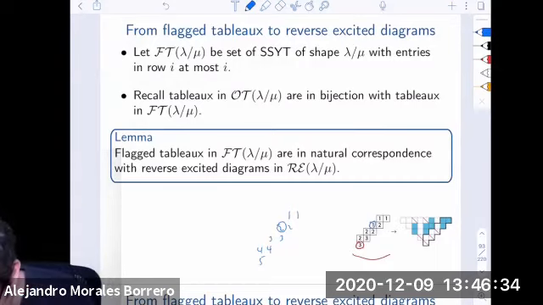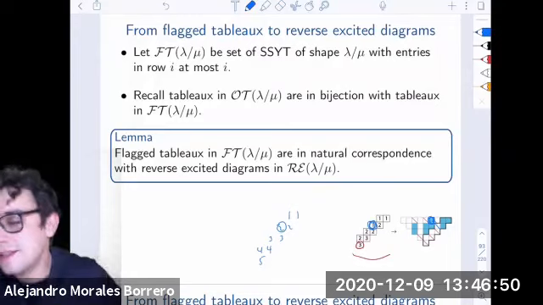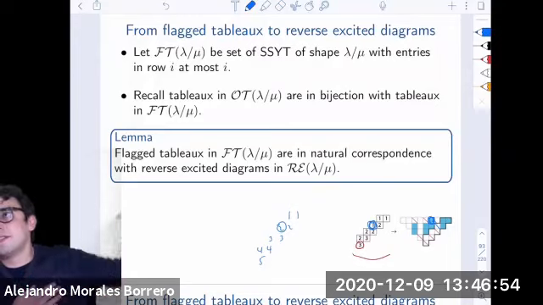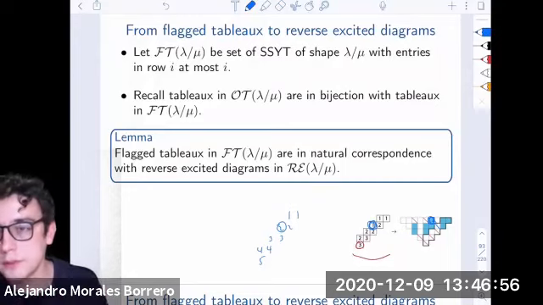So the cells are just keeping track of how much you've moved. The fact that this is a 1 here is just telling you that this moved here. So a flag tableau is like a lazy reverse excited diagram. It's just instead of moving backwards, you're just recording where you moved.